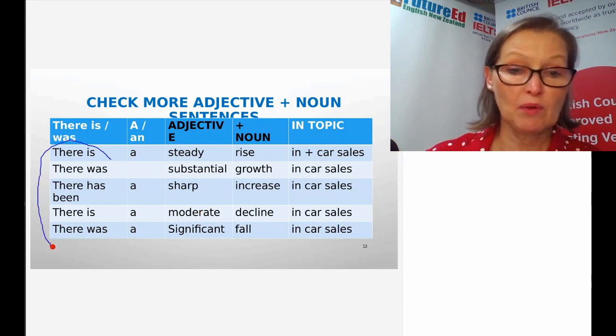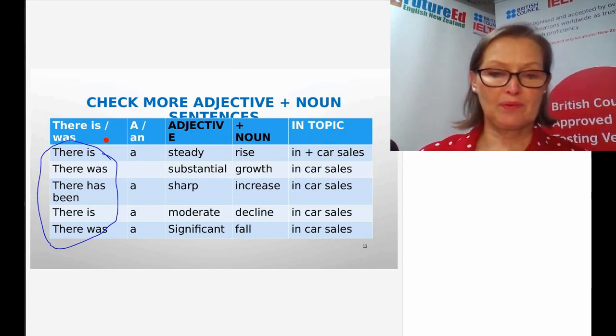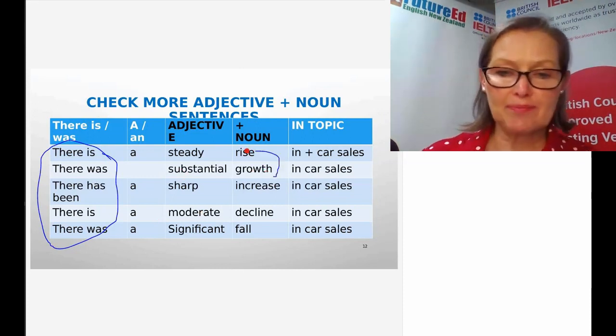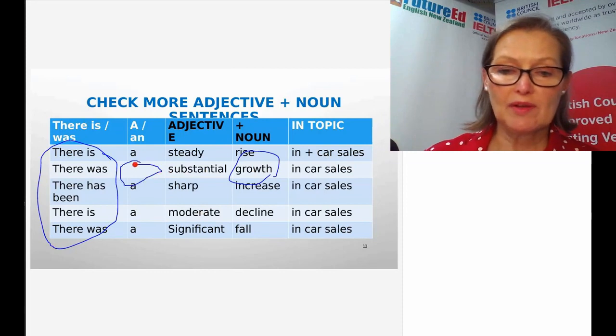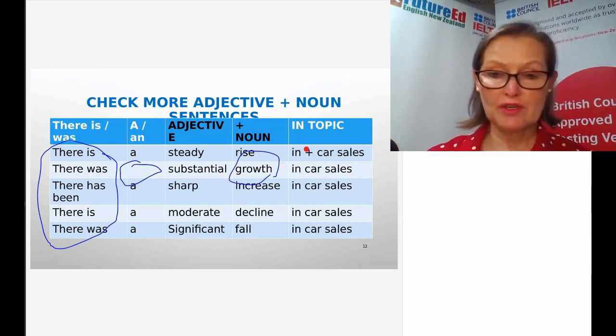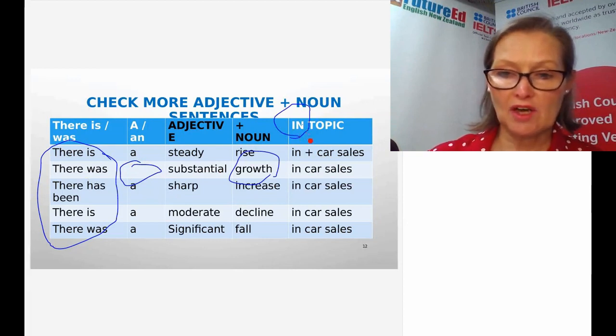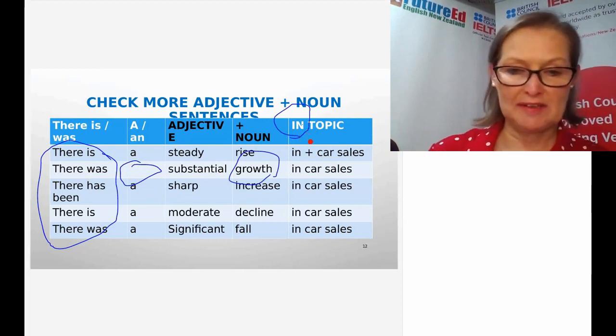There is, there was, there has been. And then notice how, again, with my noun growth, there's no indefinite article. There was substantial growth. And once again, notice that in car sales is my preposition there.